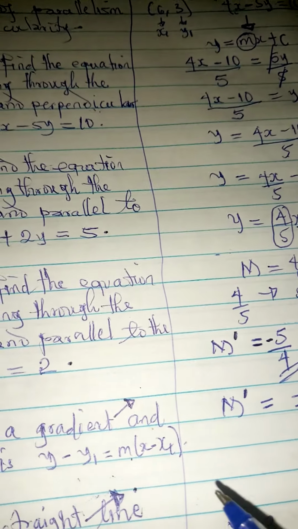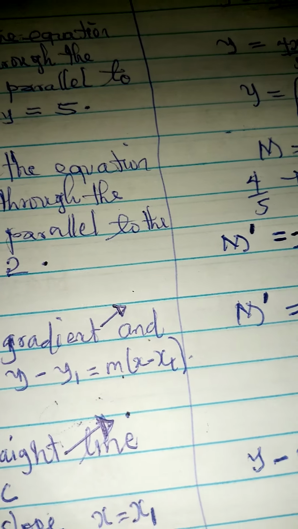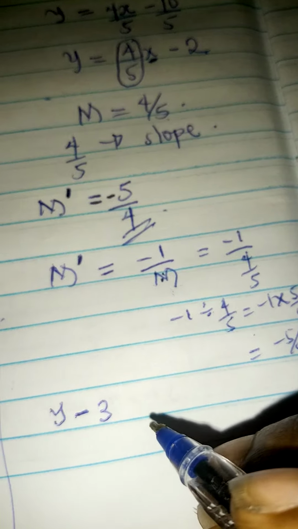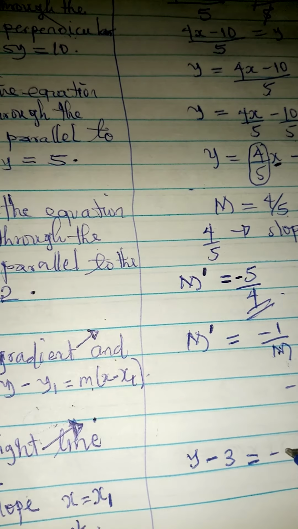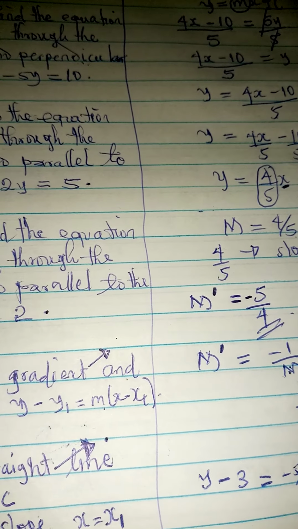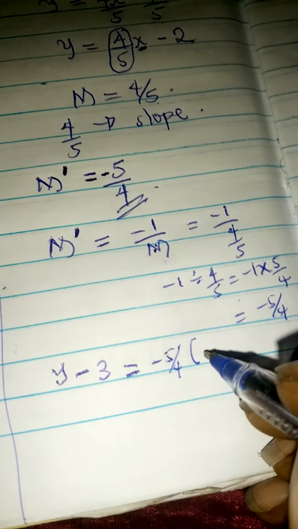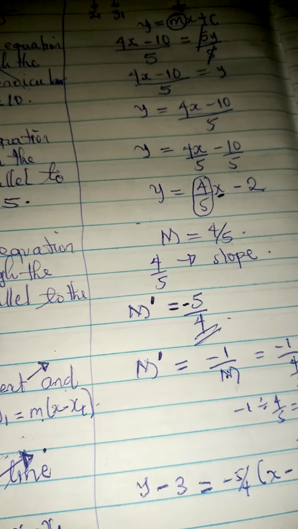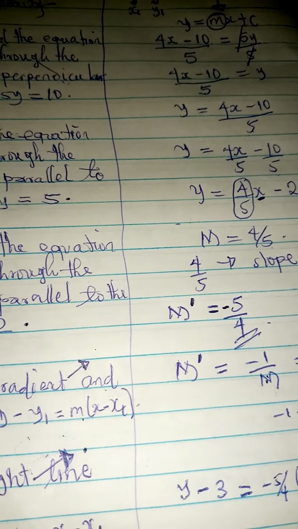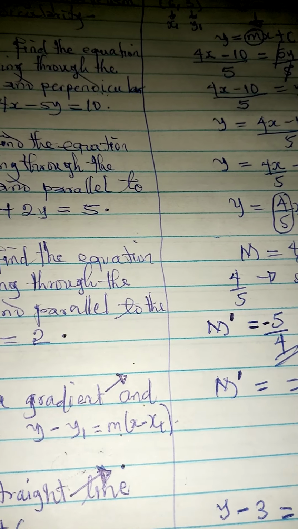So y minus 3 equals, what is the gradient now? The gradient is minus 5 over 4 into brackets x minus, and what is going to be our x1? Our x1 is 6.